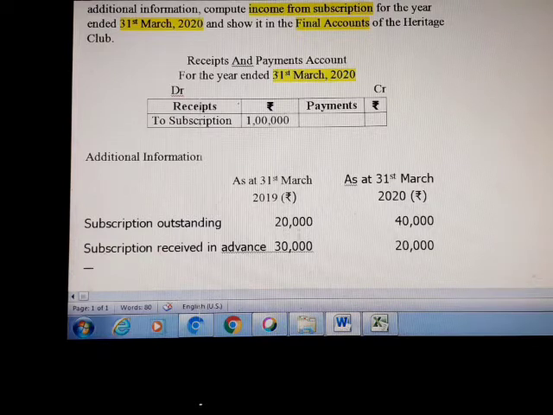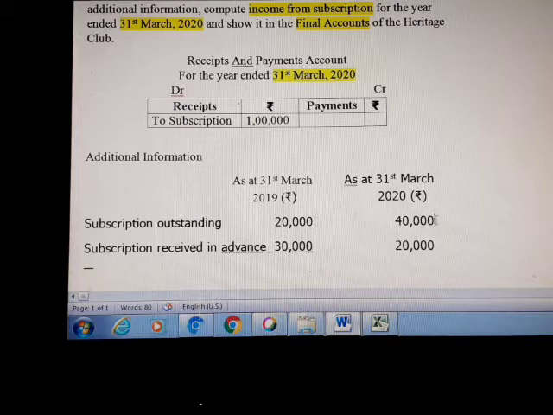I repeat: in the year 2019, when you are closing the books of accounts, you have an amount of 20,000 which has not been received towards subscription. That becomes outstanding subscription. You would have added this in your subscription account when you prepared it for the year 2018-19. But now we need to prepare it for the year 2019-20. So this outstanding subscription will come in our subscription account, but we should not take it into account; we should eliminate it.